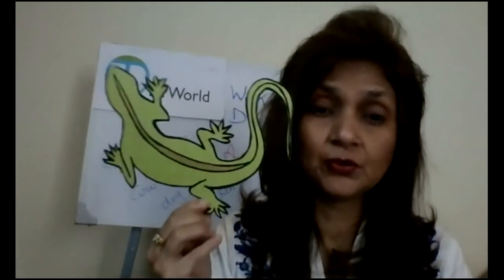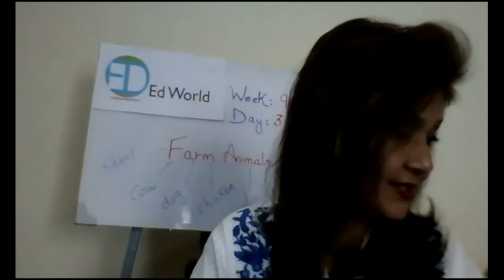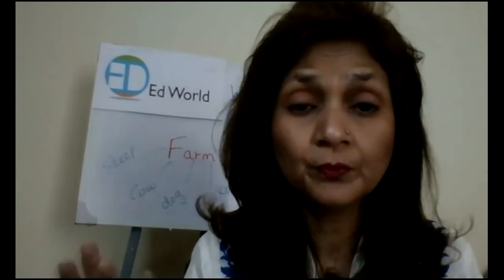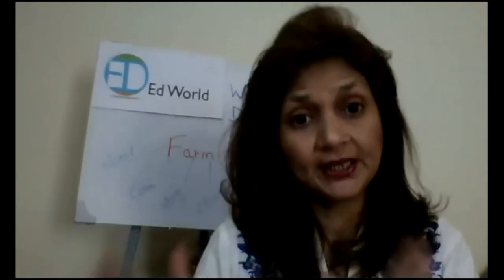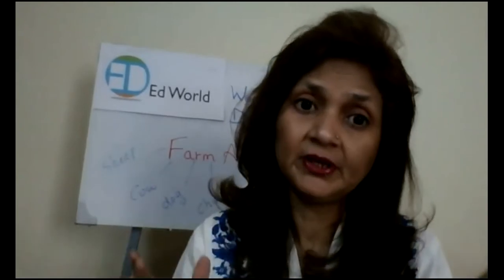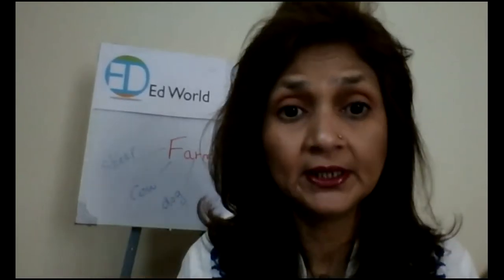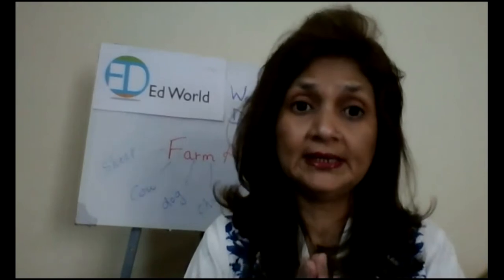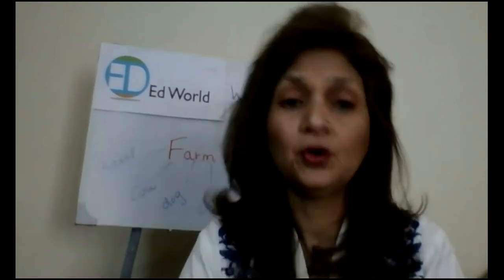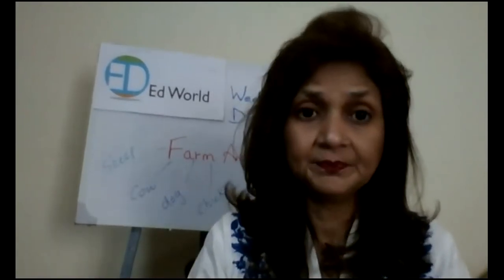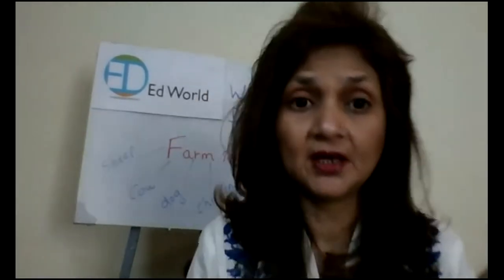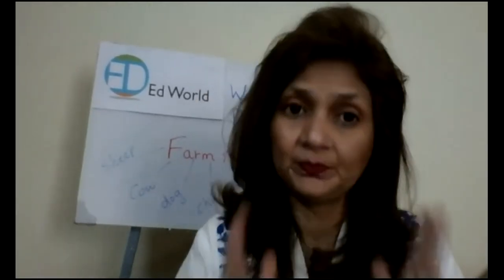So it's also a farm animal. So you have seen so many different types of farm animals, which can live on a farm, in a forest, in a jungle, on trees also, right? But they are the farm animals right now.